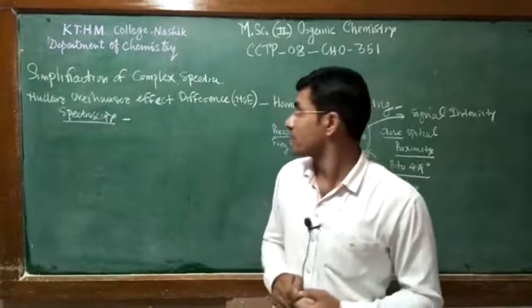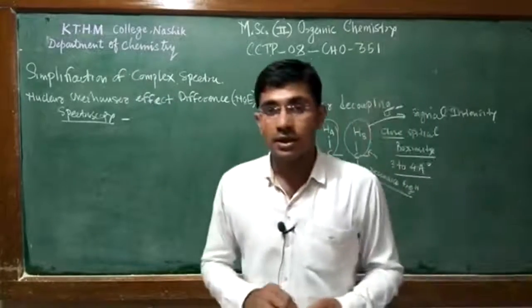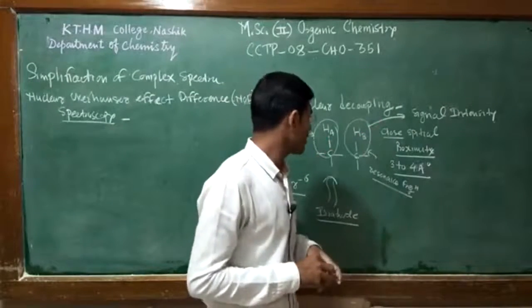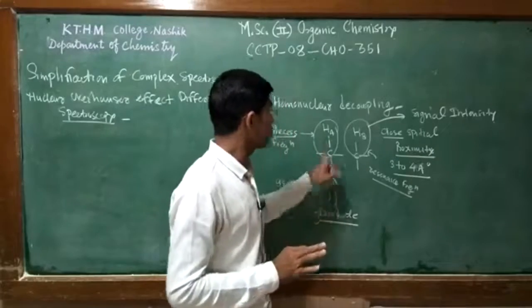So in the NOE method, the nuclear Overhauser effect method, when you irradiate this group of proton, the HA proton, the irradiated proton shows a negative signal.